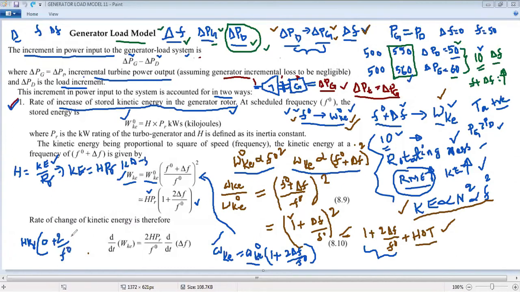The only variable is delta f, so you write d by dt of delta f.